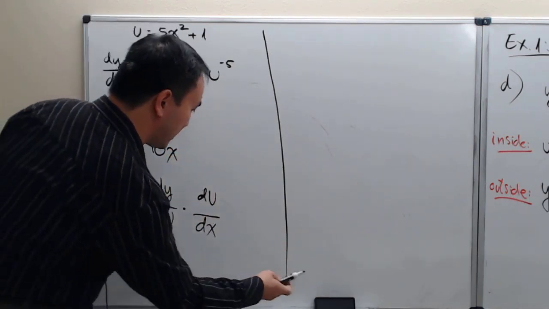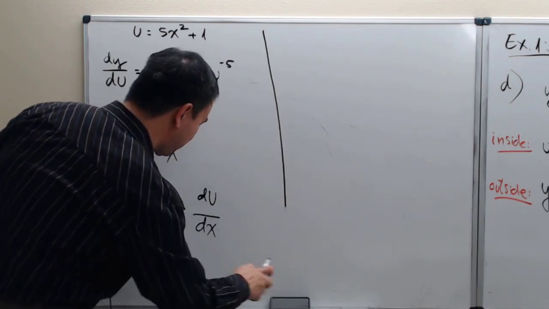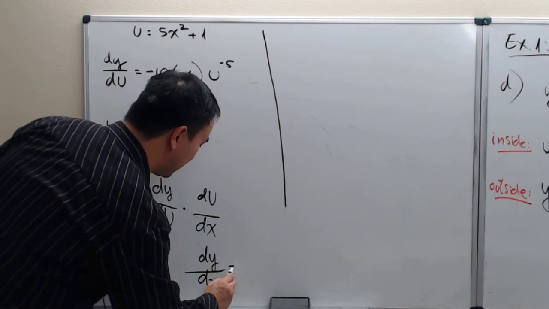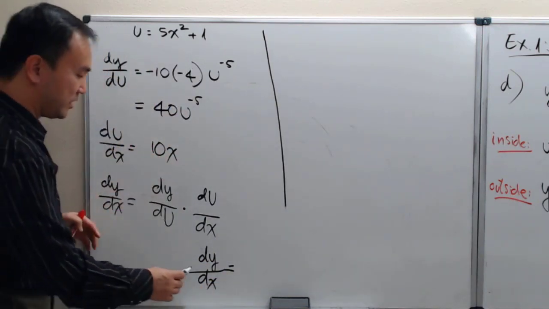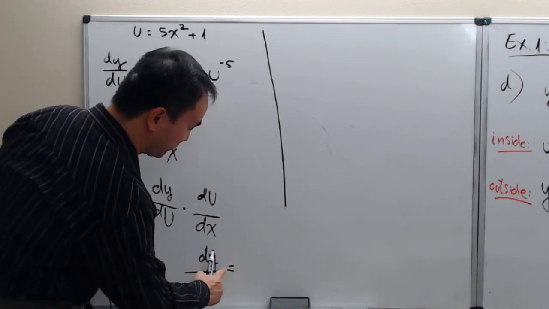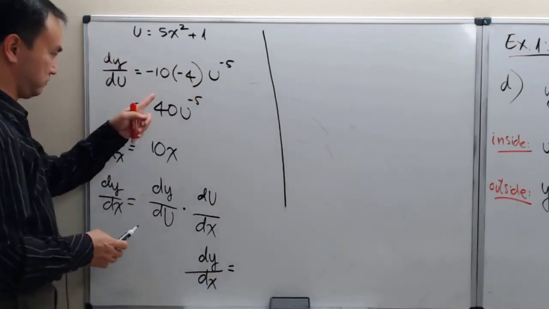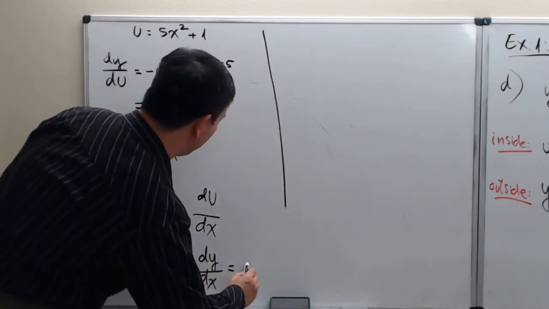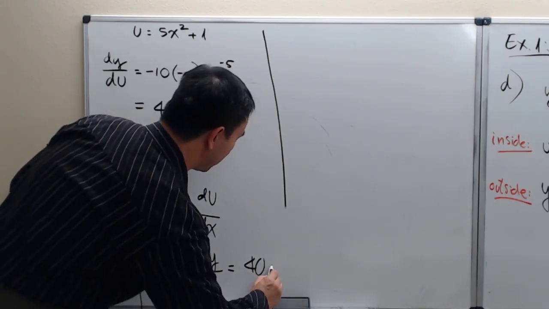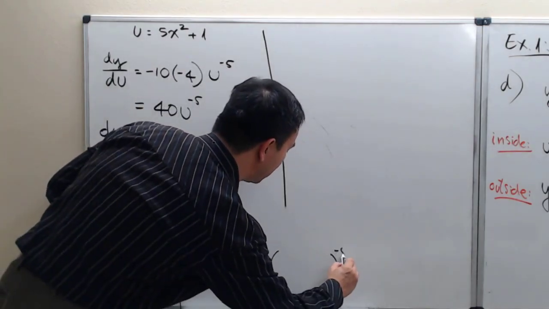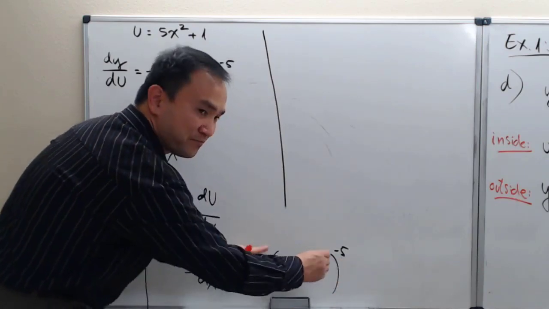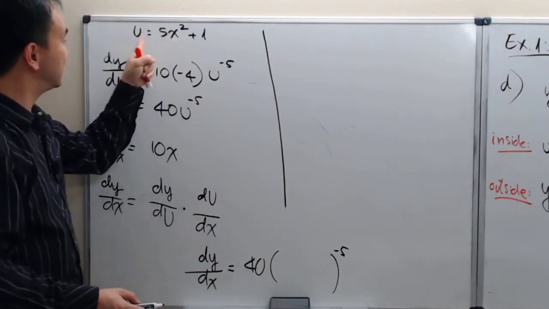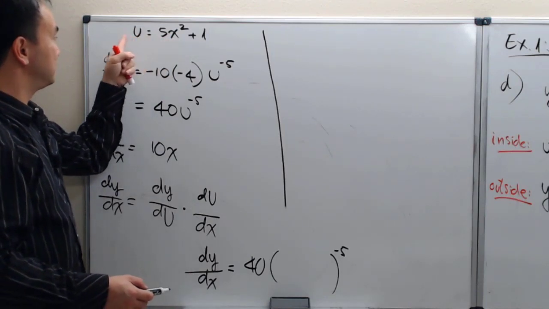So now I'm looking at the final dy dx has to be, so the dy du here, at this point, strictly we can't forget to substitute back the meaning of the u right here. And so now I'm looking at 40 times u to the negative 5 power, but now I'm purposely writing the u as an empty pair of parentheses ready to substitute back that original meaning of u.